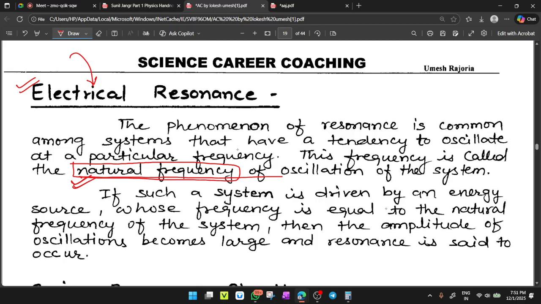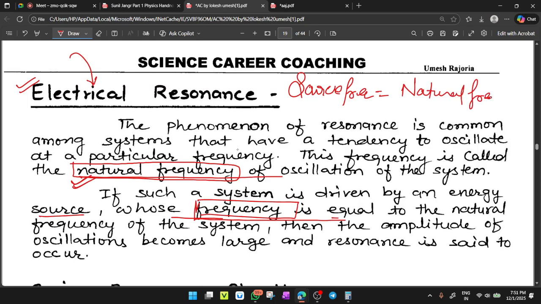If such a system is driven by an energy source whose frequency is equal to the natural frequency. So the other frequency is the source frequency. If the source frequency becomes the natural frequency of the system, then the amplitude of oscillation becomes large, and at this time resonance is said to occur.